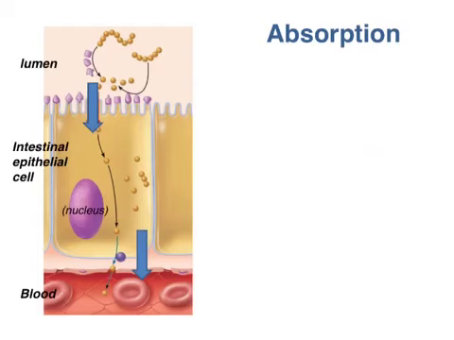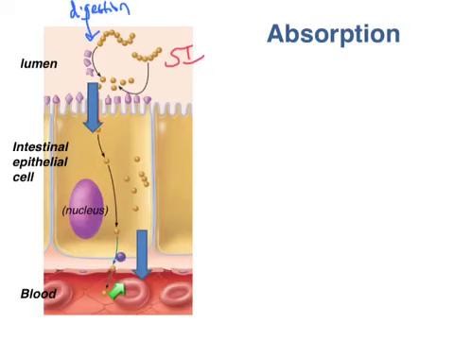This is kind of a cartoon schematic of what's going on in absorption. You have the lumen of the small intestine here, because the small intestine is where the vast majority of absorption takes place. You have digestion going on in the lumen, large molecules getting broken down to smaller nutrients, those nutrients getting taken up by the epithelial cells that line the lumen of the digestive tract, across those epithelial cells and then down here into the blood.